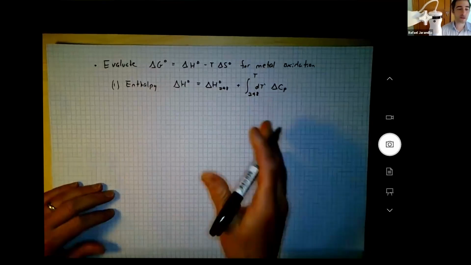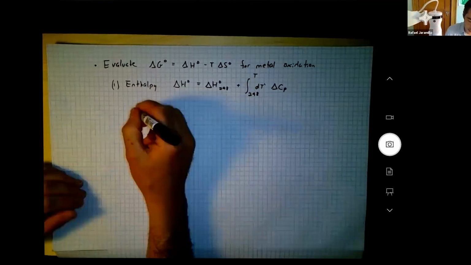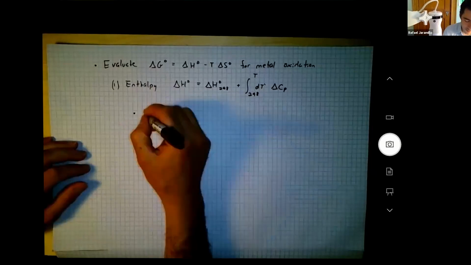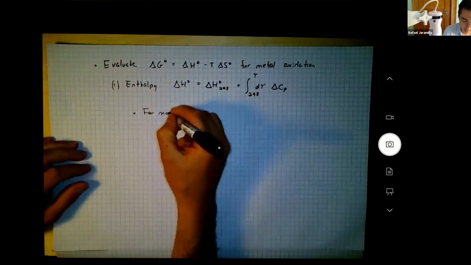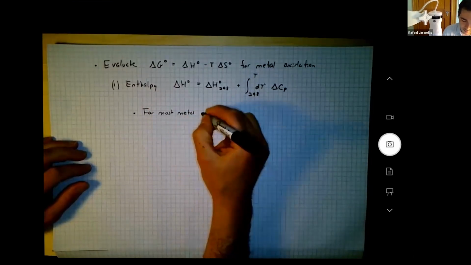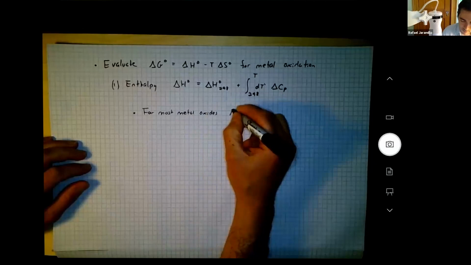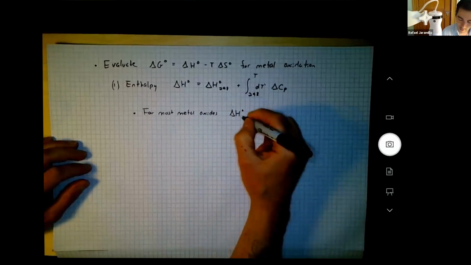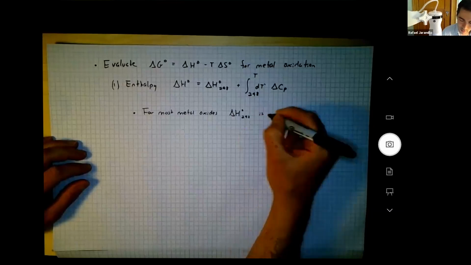So this is general, but what's coming is an approximation. I'm going to tell you, for most metal oxides, delta H naught at 298 is large.